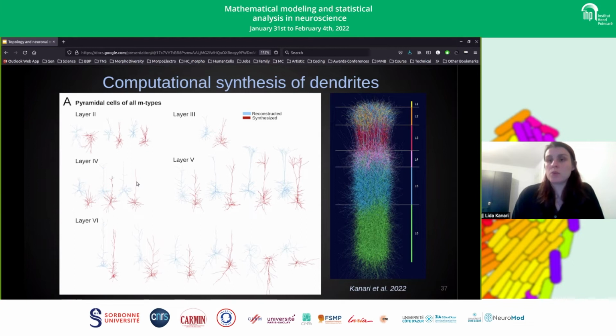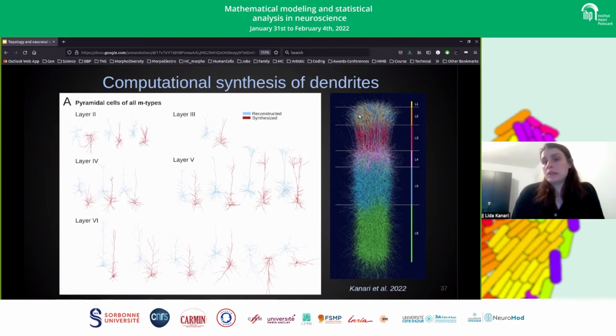And one of the reasons we want to generate these different shapes is because we want to create computational models of whole brain regions that are accurate up to the details of morphologies, at least. What you see here on the right is an example of a cortical column in which we put together the artificially generated neurons, and the different colors are the cortical layers that I described before.